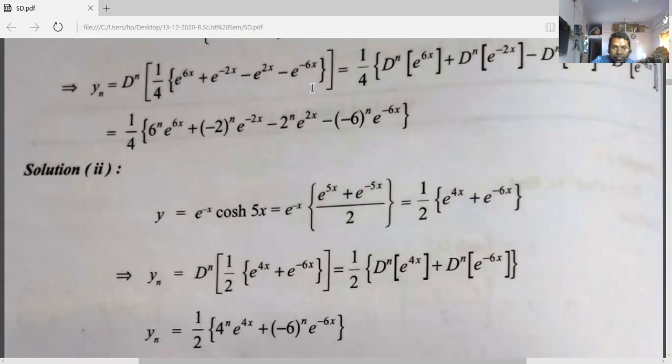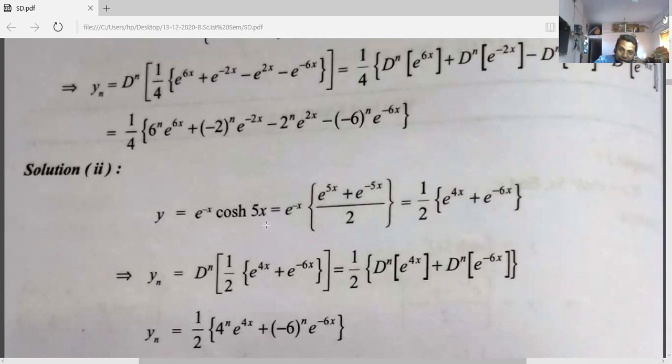Okay. Now, just to see the second one here, you are writing e to the power minus x into cos hyperbolic 5x.